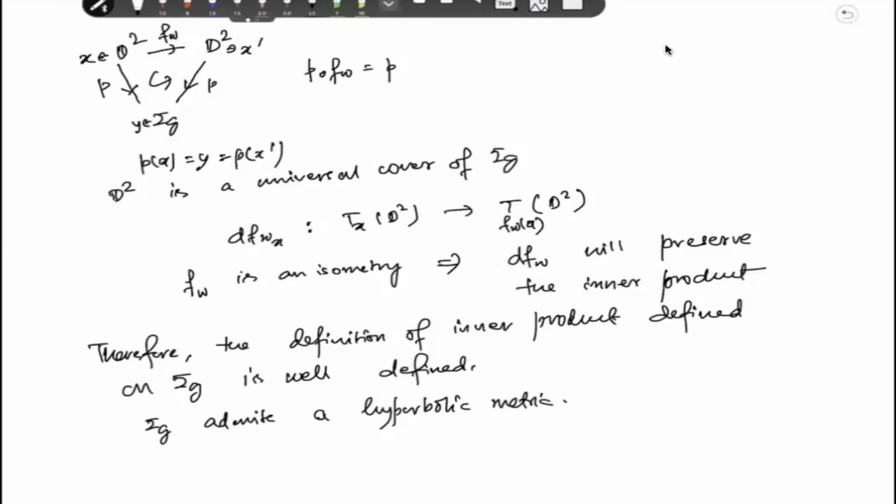So therefore, the curvature at each point of this sigma g with respect to the hyperbolic metric will also be -1. So if I take any closed orientable surface of genus greater than or equal to 2, you can have a metric such that the curvature at each point is -1. Okay, so I'll stop here.